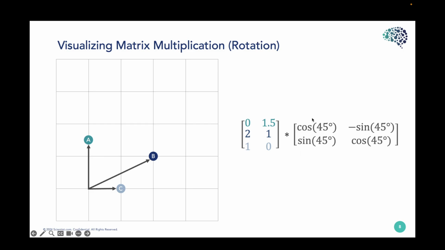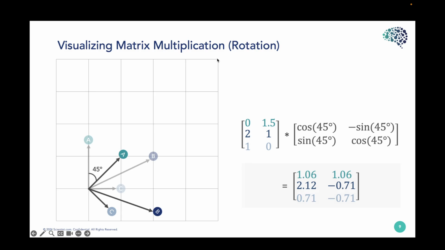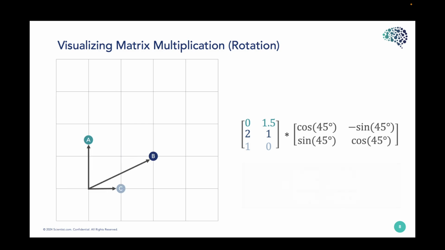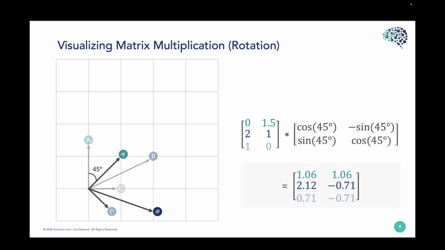So in this rotation matrix, I put the cosine of 45 degrees here and here, the sine of 45 degrees here and the negative sine of 45 degrees here. Between the numbers you see here and the name rotation, you can probably already guess that when I do this multiplication, it rotates the vectors by 45 degrees. So you can see the vectors all move by 45 degrees.